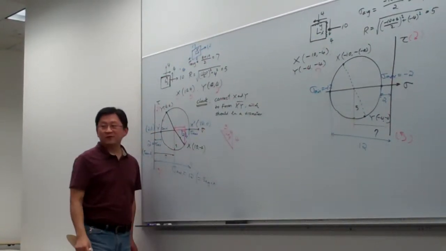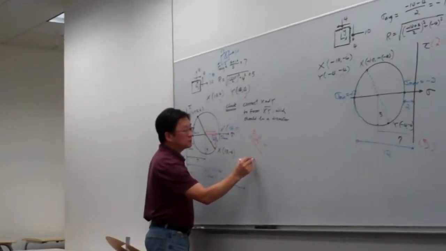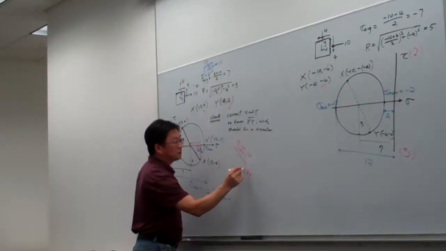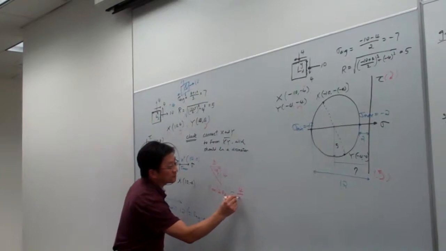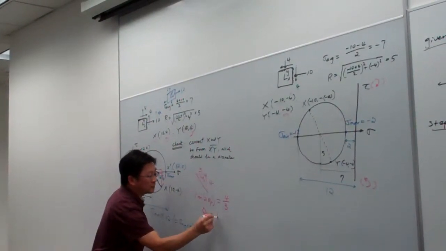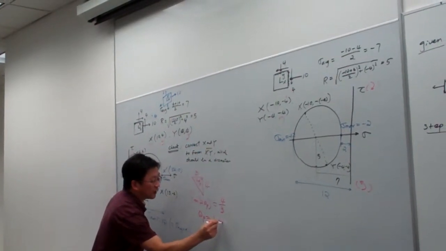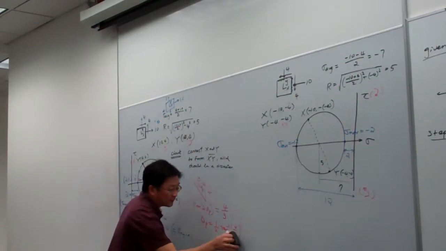If we only focus on the magnitude, in this way you can see tangent of theta p equals 4/3. Therefore, theta p equals 1/2 of arctangent 4/3. Anyone can help?